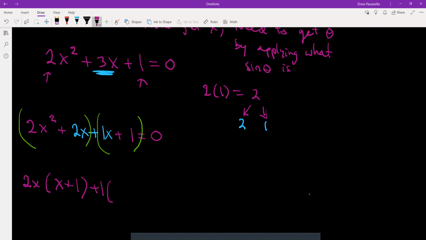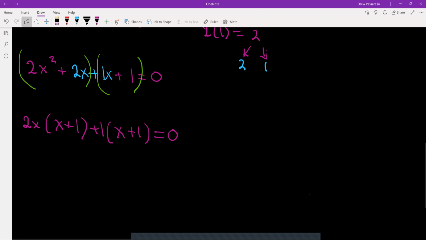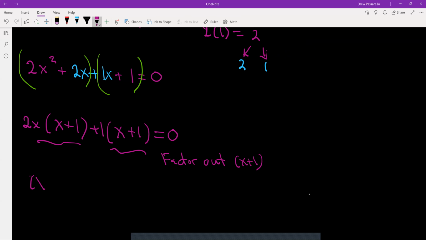And that gives you the same thing over again, x plus 1. All right, so they share this x plus 1, so you factor that out. That's going to give me x plus 1 times 2x plus 1 equal to 0.